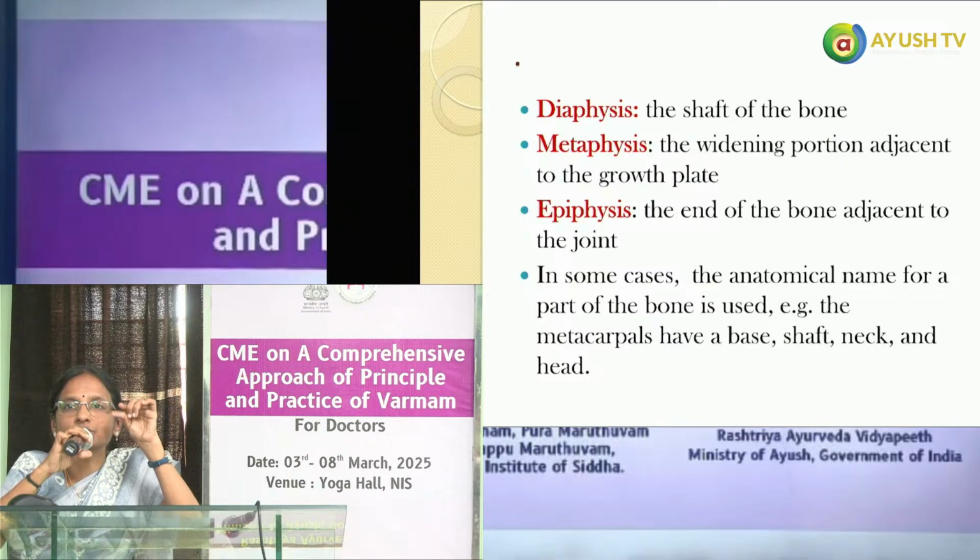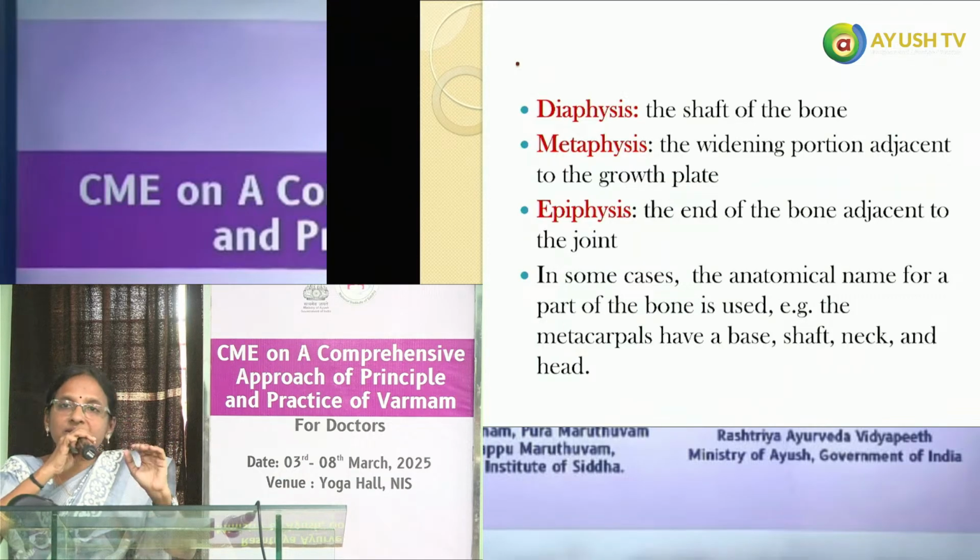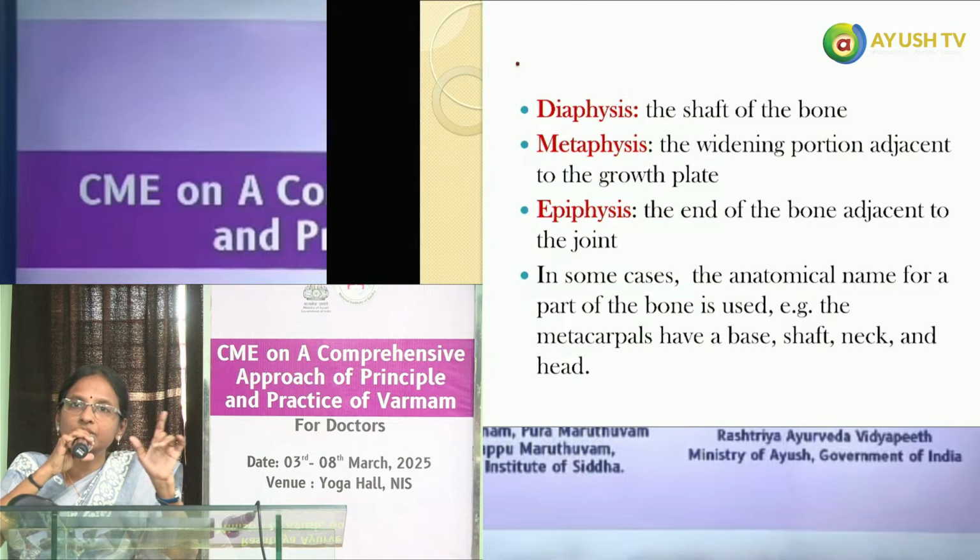In the epiphysis ko diaphysis ko இடையில இருக்கிற wide portion is called as metaphysis. So either you can say fracture of epiphysis, metaphysis, diaphysis. அப்படி இல்லைன்னா at least base of the bone, shaft of the bone, neck of the bone, head of the bone. ஏதாவது ஒரு terminology கொடுத்து we have to describe the anatomical landmark of the fracture.